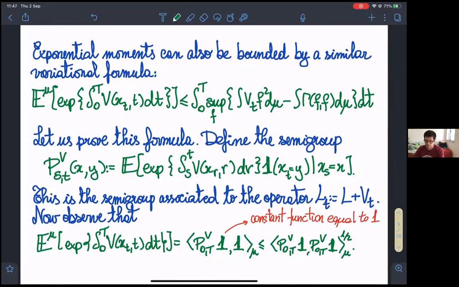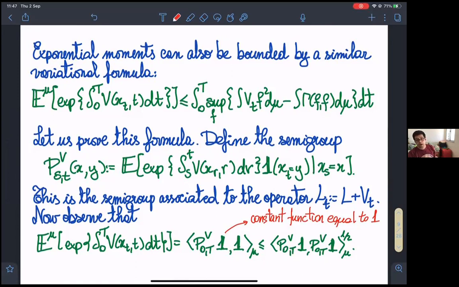The formula is here. It's defined in terms of these expectations of exponentials of Birkhoff sums, and the Feynman-Kac semigroup is the semigroup associated to the operator L plus V_t, where L is the generator of the Markov chain and V_t is the potential that we are integrating.